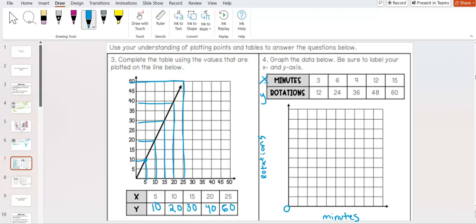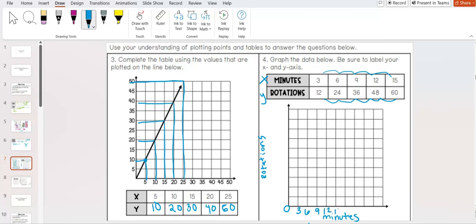The nice thing about graphs like this is that usually, if your table is skip counting by a number across and on the bottom, then you can just use the numbers from your table. Otherwise, you would have to figure out how to go up to 15 on the bottom and up to 60 on the side, and you would pick a number to skip count by there. They don't have to be perfect.